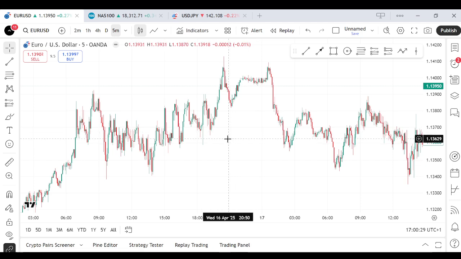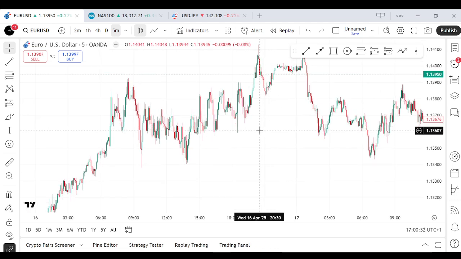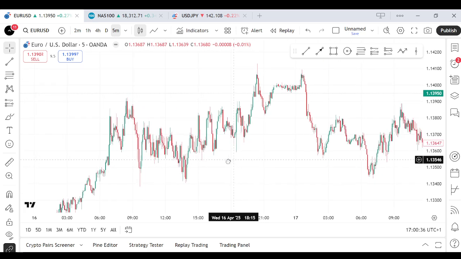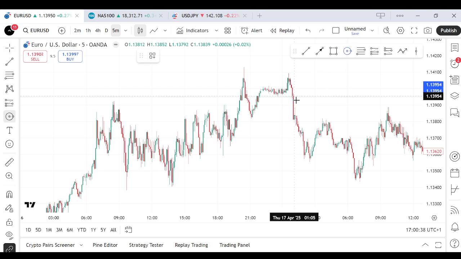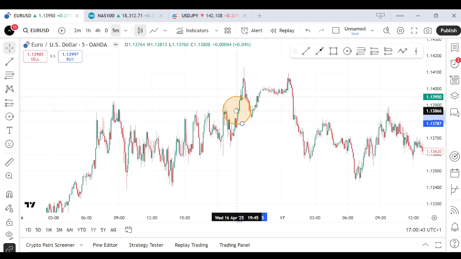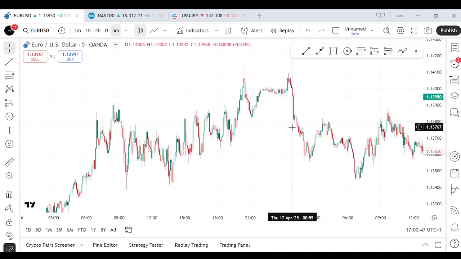The goal is to enter trades during periods of heightened buying or selling pressure and exit quickly before momentum fades. These are areas of heightened selling pressure, heightened buying pressure. So the goal is to enter at this moment and exit before it fades.